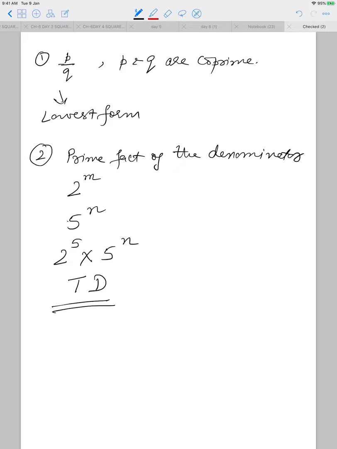But if the denominator has, besides 2 and 5, some other factor as well, then we say it will have a non-terminating repeating decimal. Now we will explain this with a few examples.